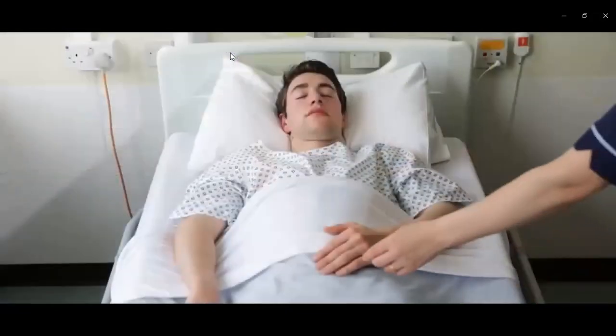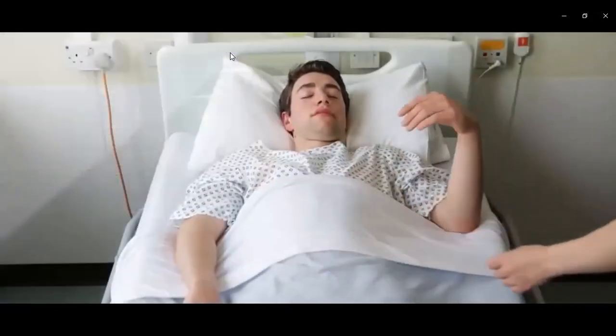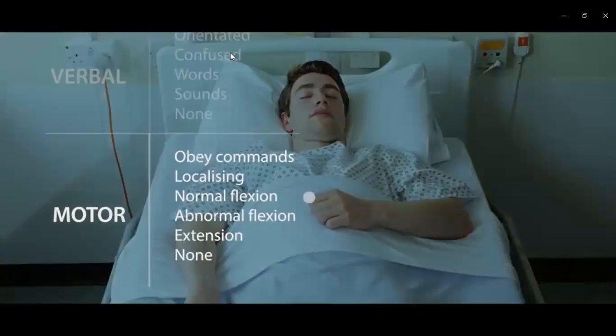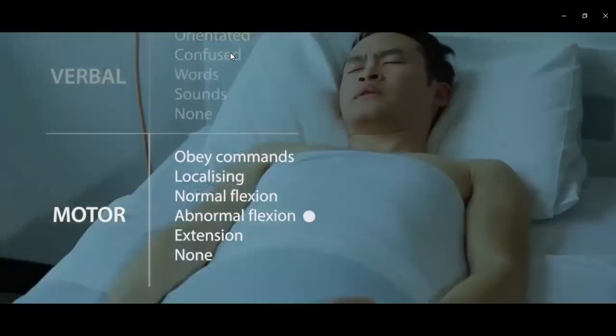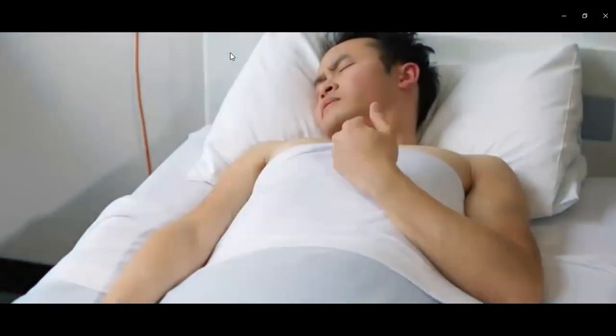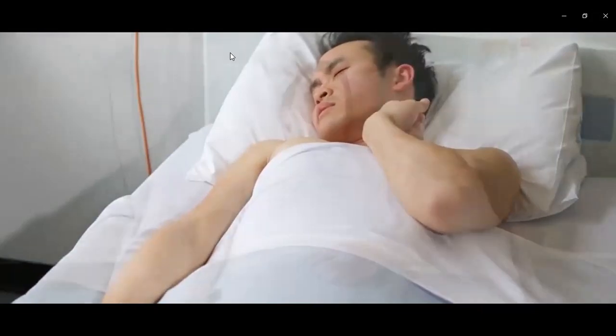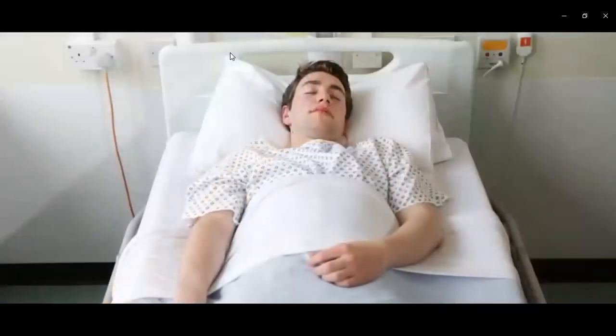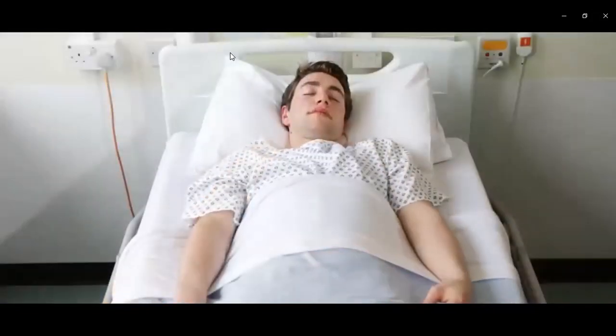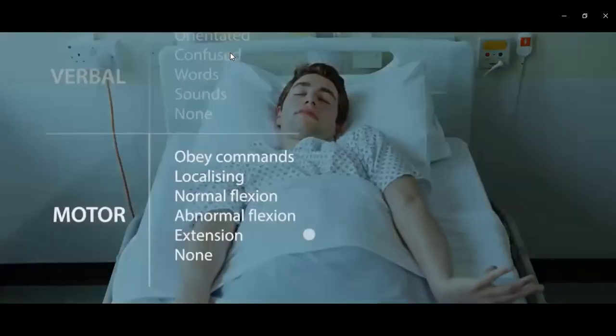In normal flexion, the elbow bends and the arm moves rapidly away from the body and from the stimulus. In abnormal flexion, the elbow bends slowly and the arm comes across the body. If in doubt, record normal flexion. If the patient extends their elbows rather than flexing them, record extension.